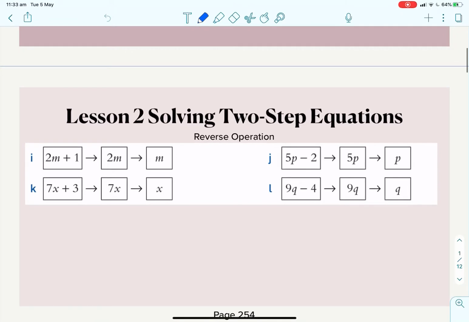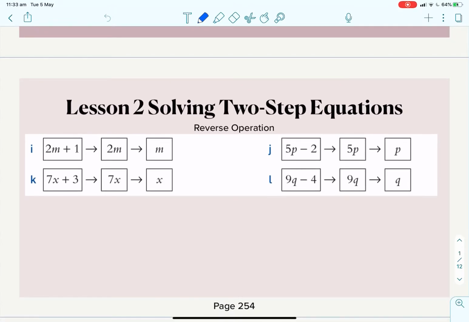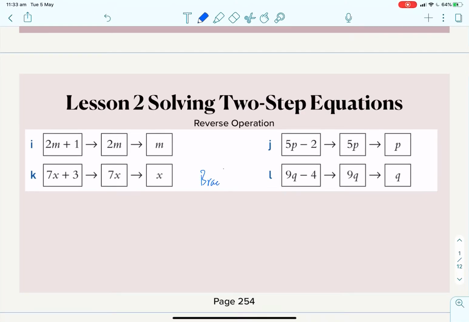By going to the basics, we need to go back a little bit and talk about reverse operation. If you remember BODMAS: bracket, order, multiplication, division, addition, and subtraction.